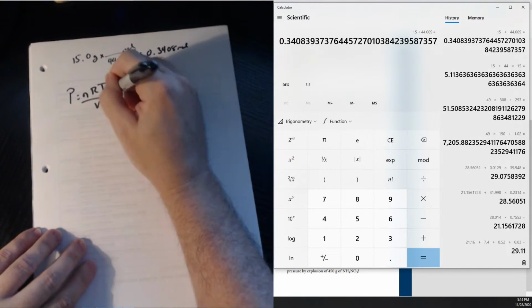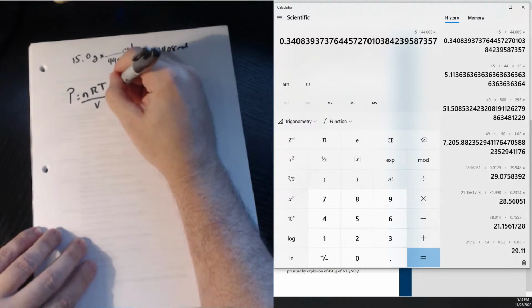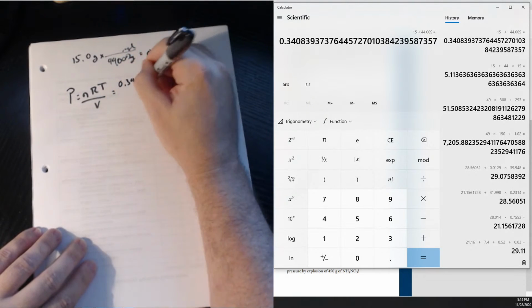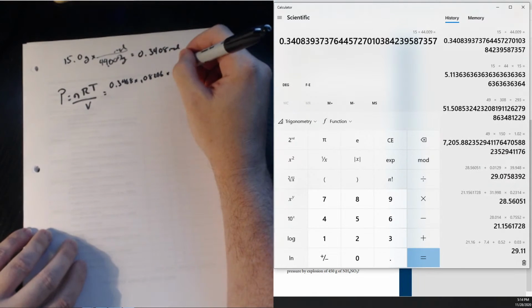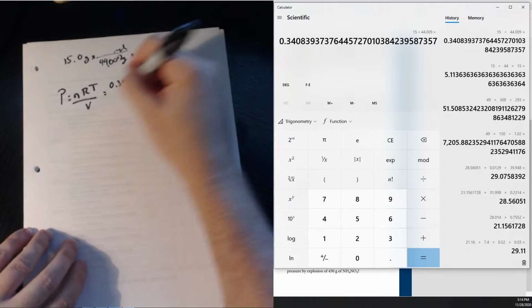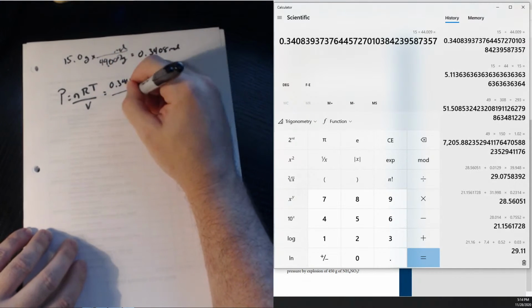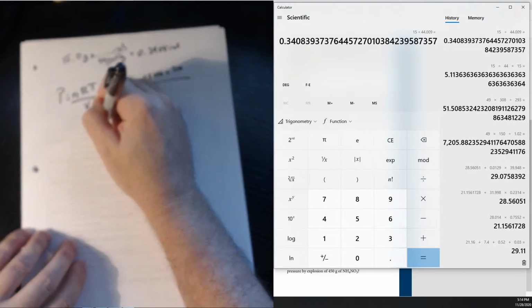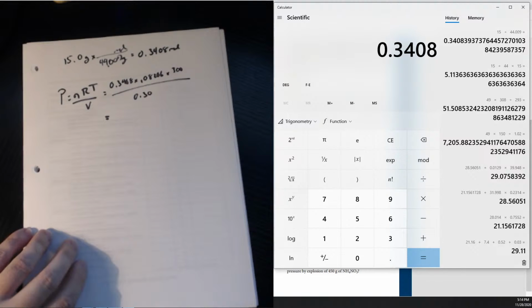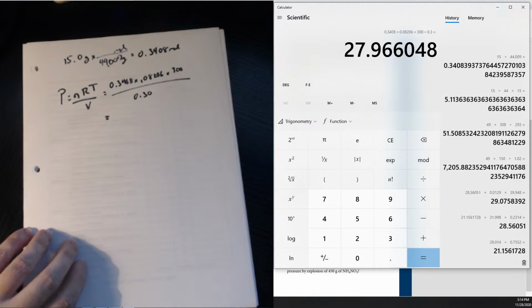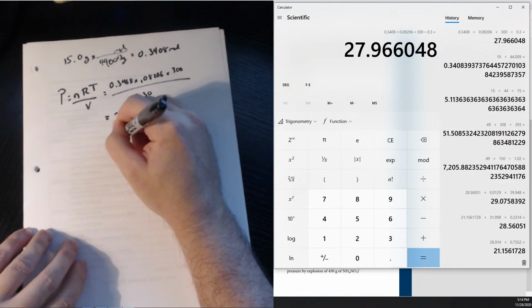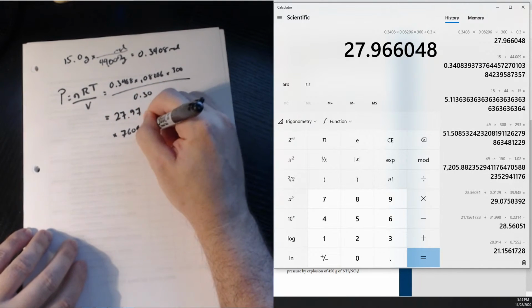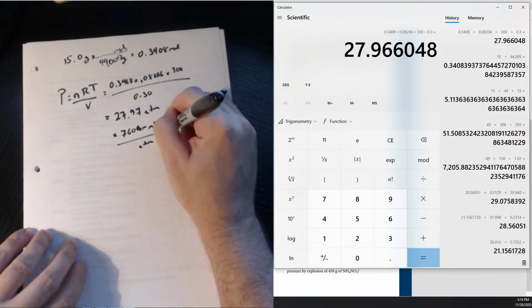That's 0.3408 moles. So our pressure in atmospheres is 0.3408 times 0.08206, R, the universal gas constant, times 300 Kelvin, divided by our volume, 0.30, which is 27.97 atmospheres times 760 millimeters of mercury per atmosphere.